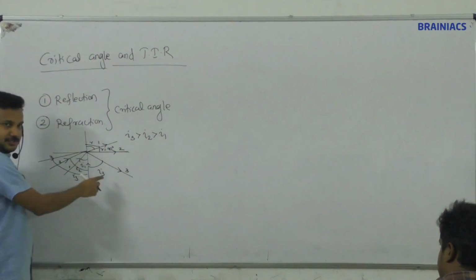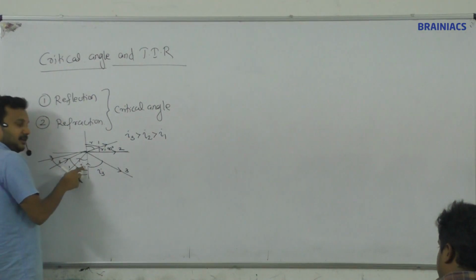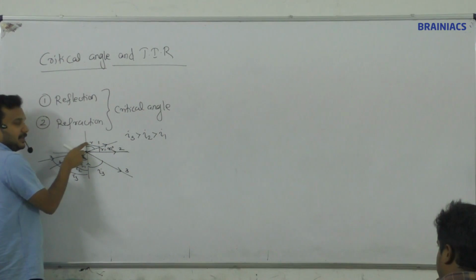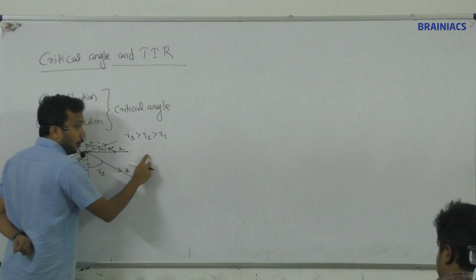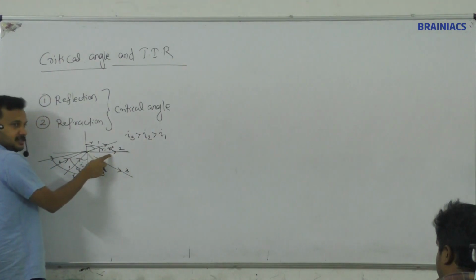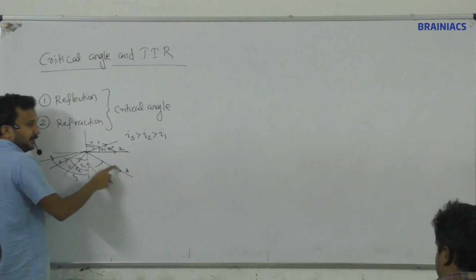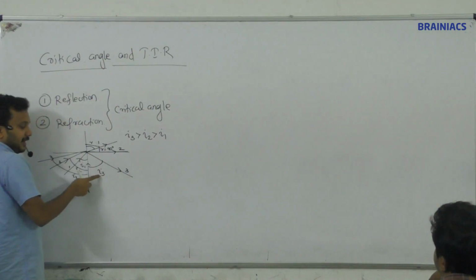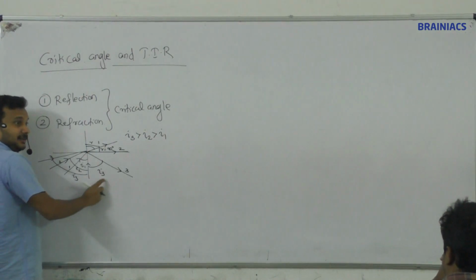That is law of reflection. Correct? So if you are giving I1, it will undergo refraction with an angle of r. If you are giving I2, the ray will be at 90 degrees. If you further increase, then what will happen? It will get reflected back, and the reflecting angle is the same as angle of incidence. That is called a law of reflection.